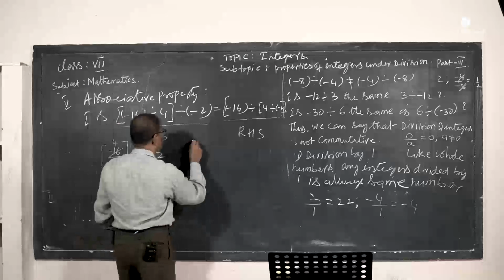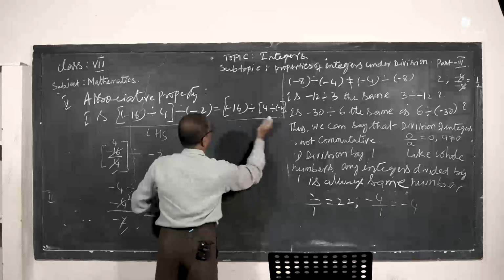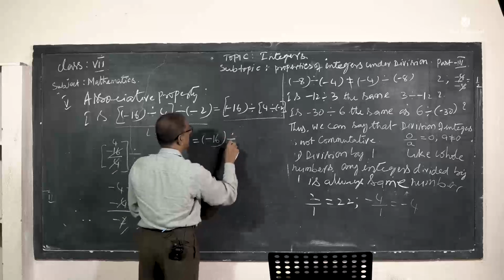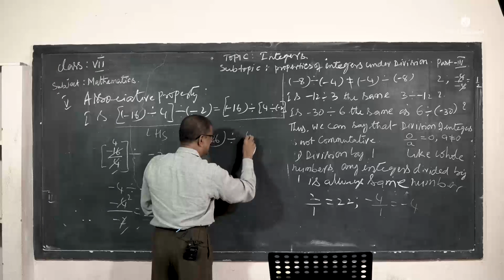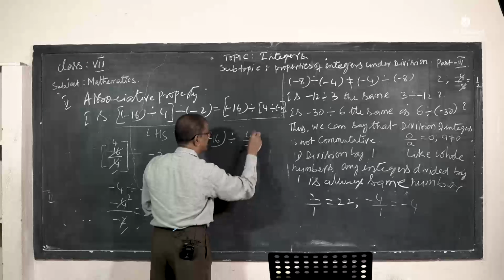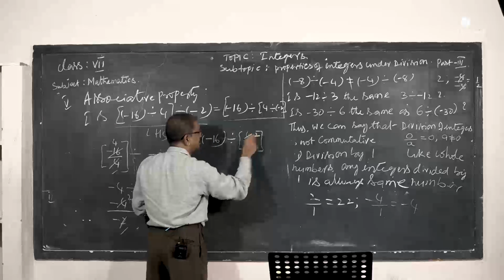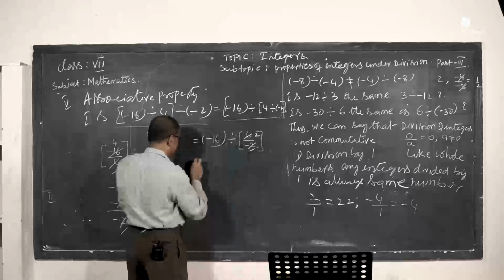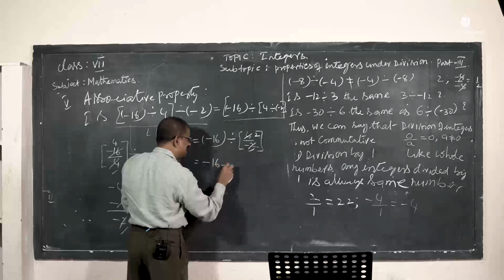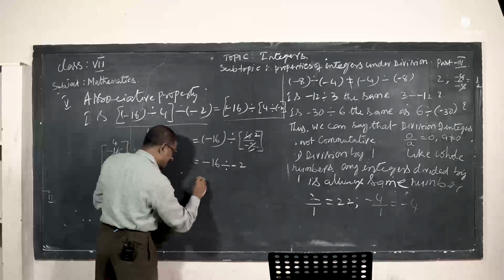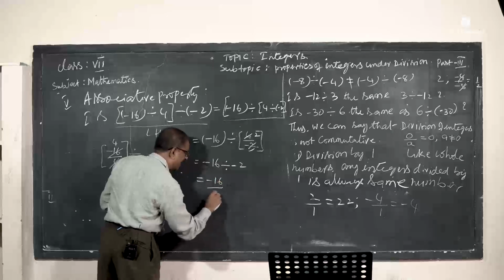On the right side, we are going to check this. First, minus 16 divided by, now this 4 divided by minus 2. Now 2 ones, 2 twos, so I got minus 2. That is equal to minus 16 divided by minus 2.